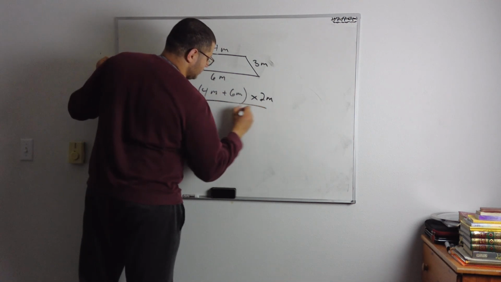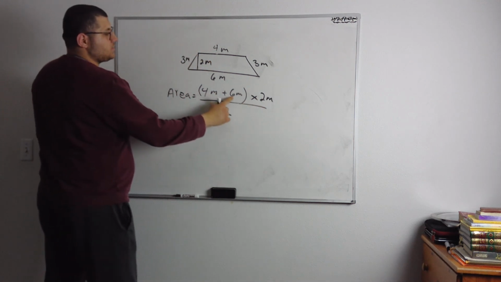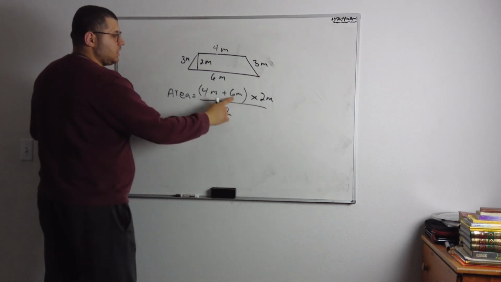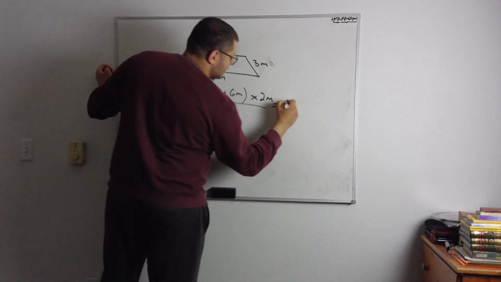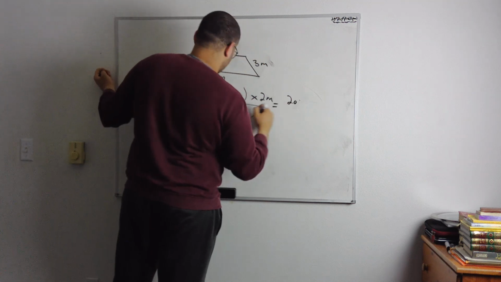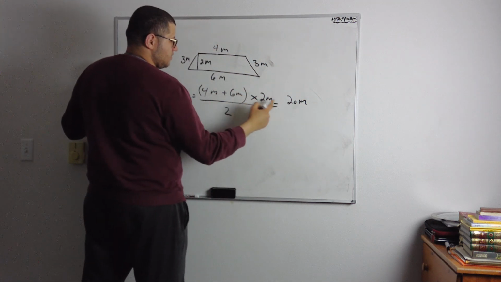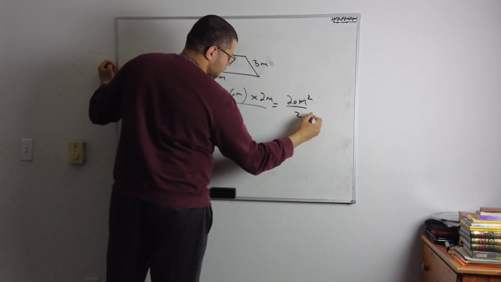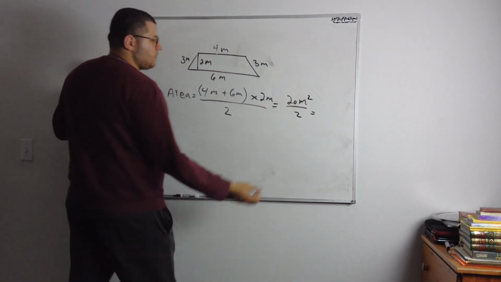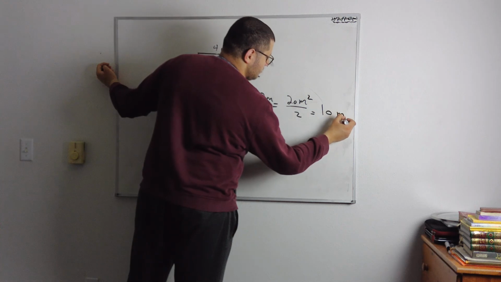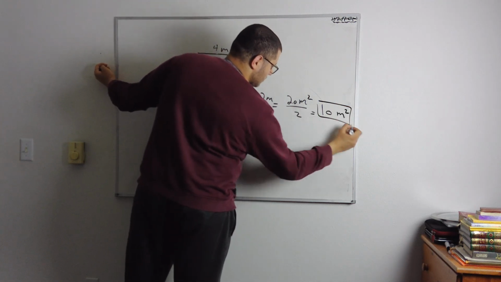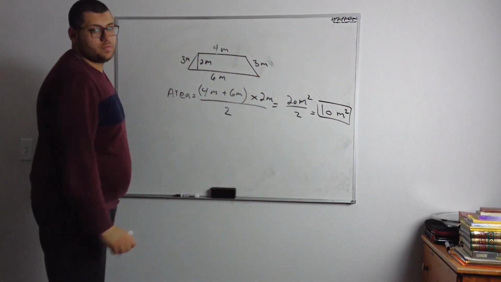We divide by 2. 4 plus 6 is 10. 10 times 2 is 20. So we get 20 meters squared, because we're multiplying meters times meters. Over 2. 20 divided by 2 is 10. So 10 meters squared. That's the area of the trapezoid.